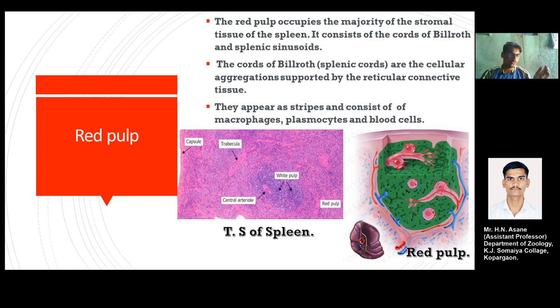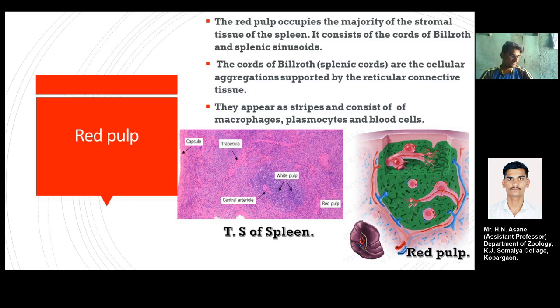The venous sinuses unite to form large pulp veins, and these large pulp veins with collecting venules together form the large veins, and they become the trabecular veins in the trabeculae, which unite to form the splenic veins over here.